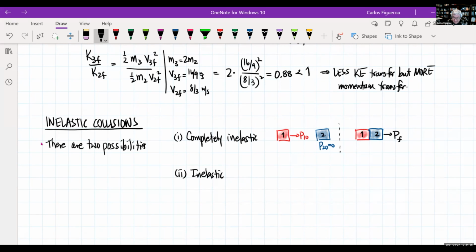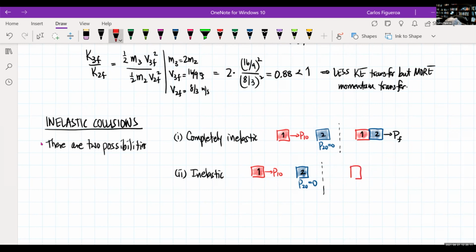In inelastic, well, it depends on the situation, but you have a block that comes in, and maybe you have a second block. Let's say again that this guy starts off from rest here. And what you're going to find in this situation is that there's a collision, and it's much harder to say what is actually happening in this case.